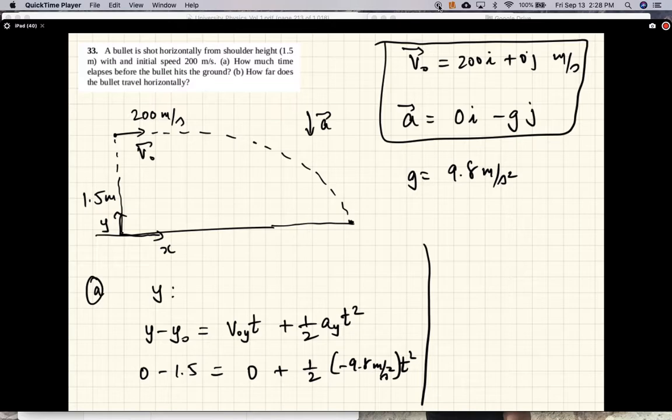So what does this equation tell us? Minus 1.5 is equal to minus 4.9 t squared.